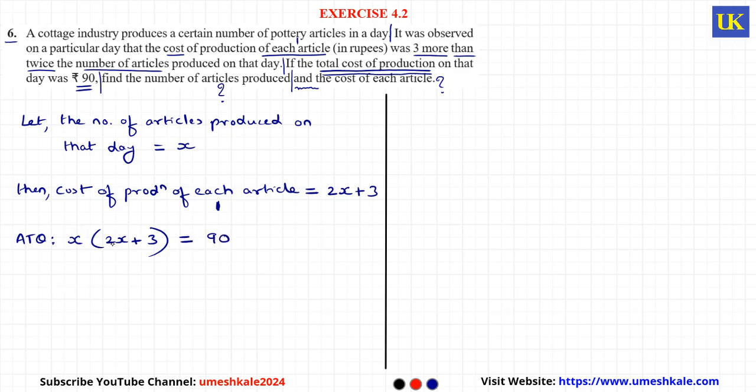Number of articles into cost of one article should be equal to the total cost of production, so is equal to 90 is what we'll take. So we have to arrange the equation with our understanding like this. So we'll multiply x into 2x, so it will become 2x square. X into 3, so it will become 3x. And we'll bring this 90 to this side, so it will become minus, and equal to, nothing is there on the right hand side, so 0.